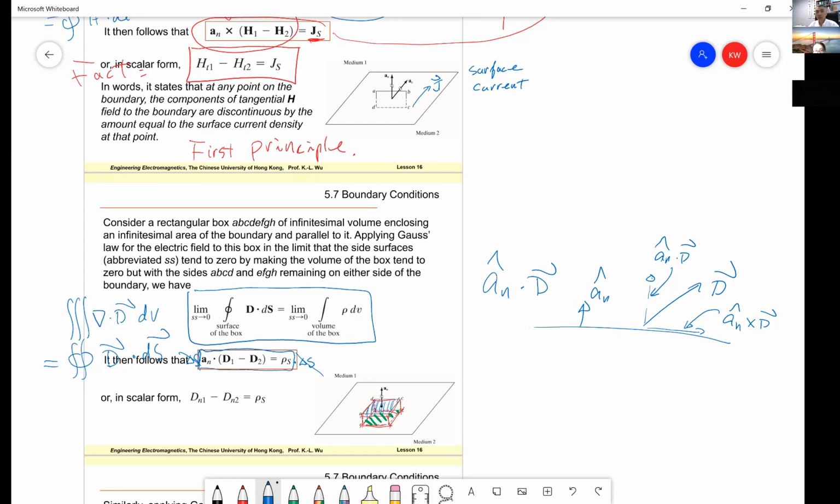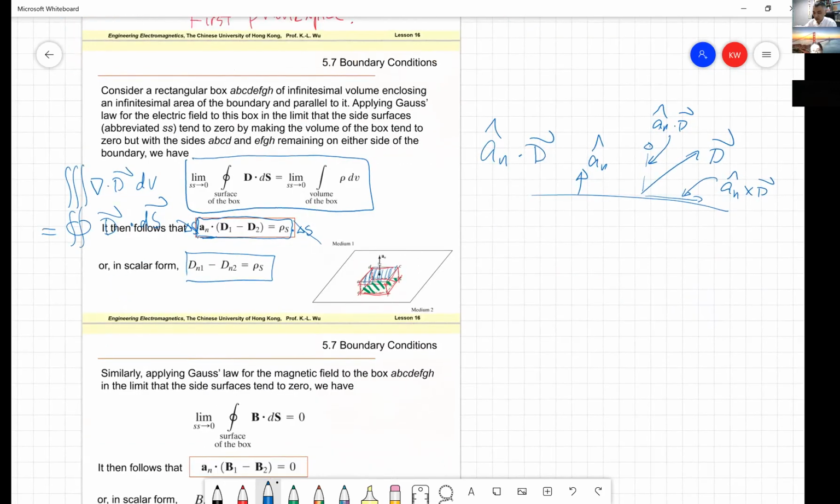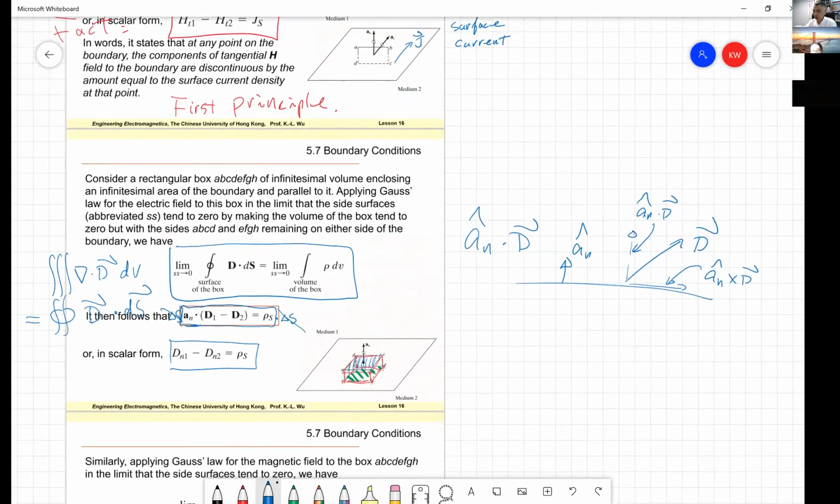That is how we decompose a vector into a tangential component and a normal component. When we take the dot product, everything is the normal component, so we can write it in scalar form. Scalar form is more clear, right? Normal component. This is an interesting result.